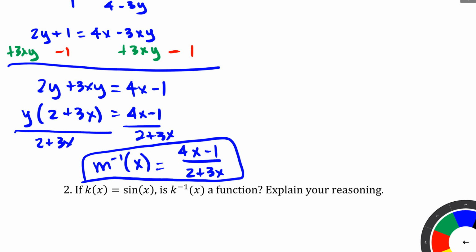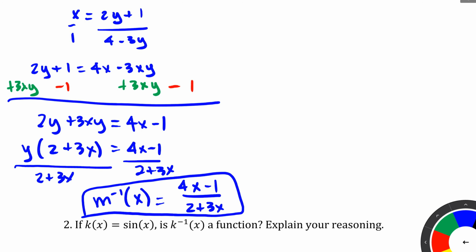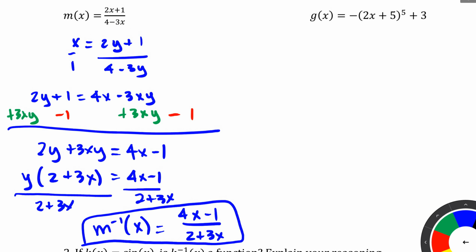And the last one. So again, we'll first start by switching x and y. We now have to get rid of this 3.